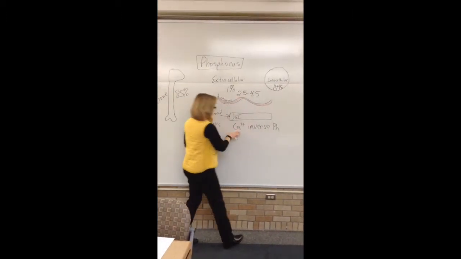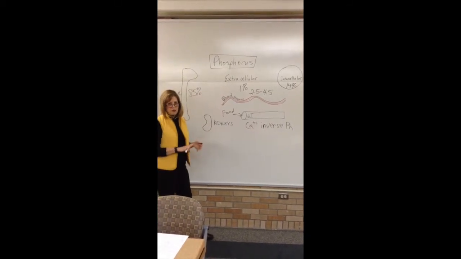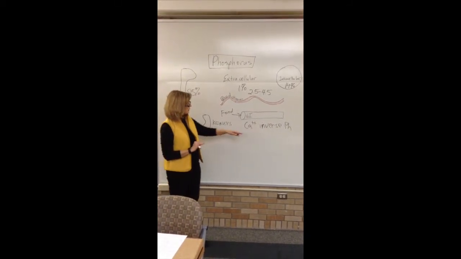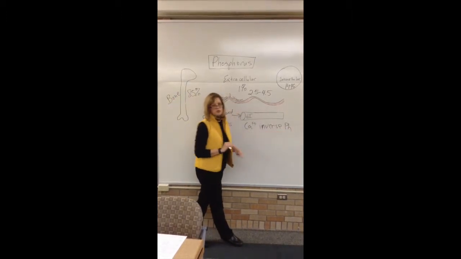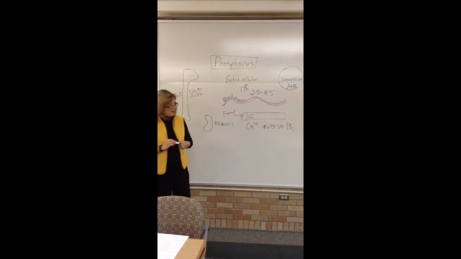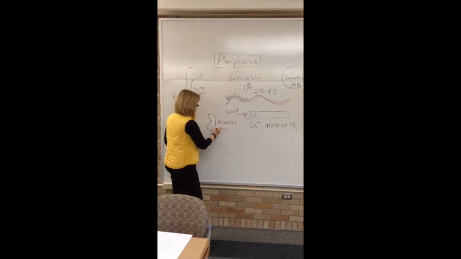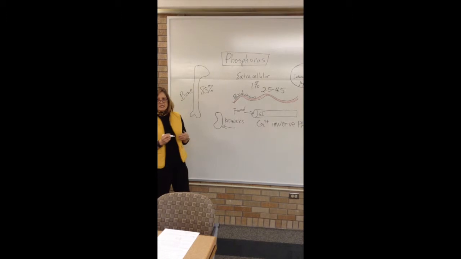As we regulate calcium, as we talked about before with our parathyroid and balance with calcitonin, when that gets changed, it also changes our phosphorus levels. And then we also need to think about the kidneys. Kidneys have a little bit of regulation in that we can excrete certain amounts of phosphorus as needed.